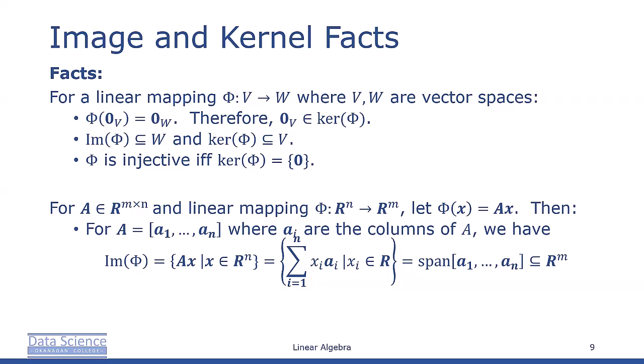Now, if we consider a matrix A, m by n, and a linear mapping phi from R^n to R^m, we'll let phi of x be Ax.